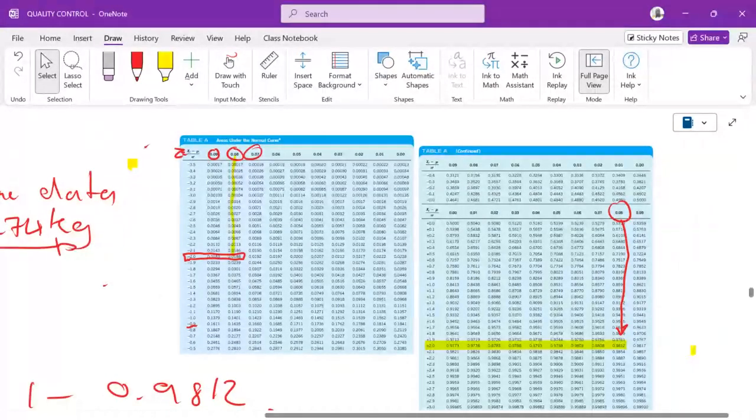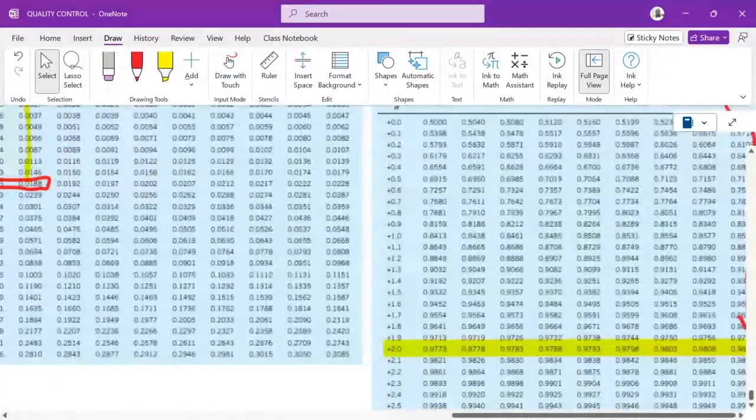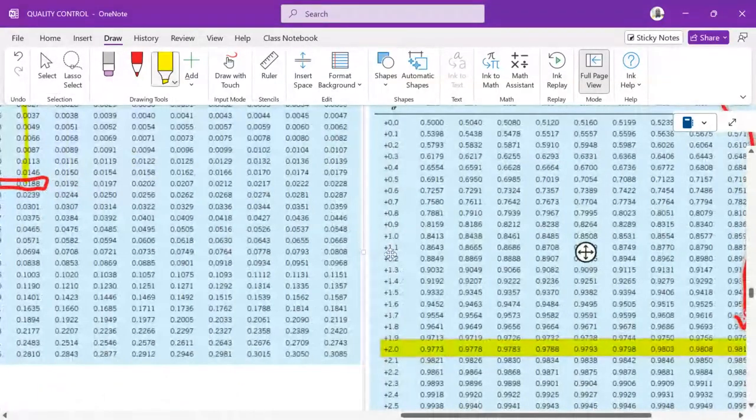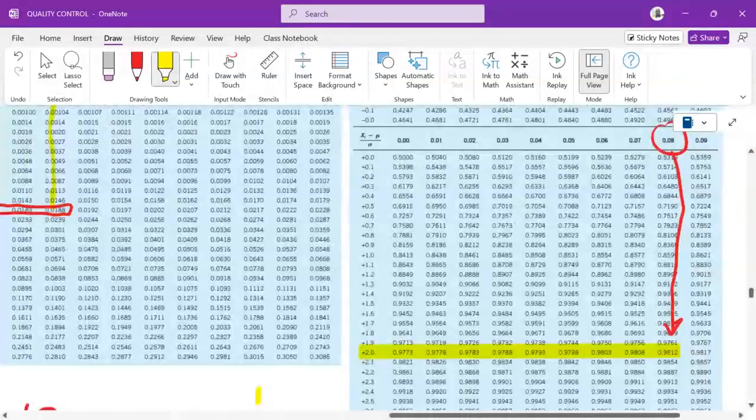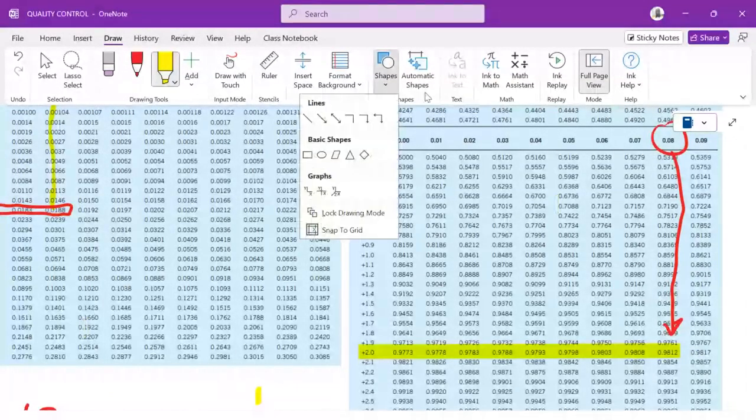So the other one is 1.25. We go to the positive side, 1.2. Once you identify the 1.2, you need to highlight until there. You can just make a straight line, guys. It's not compulsory to highlight.